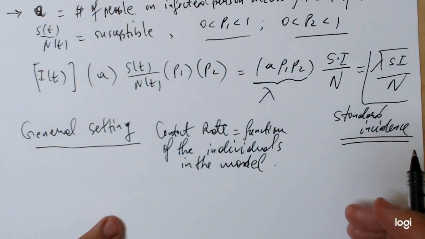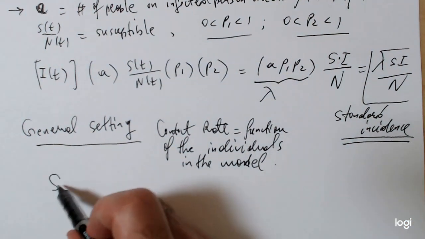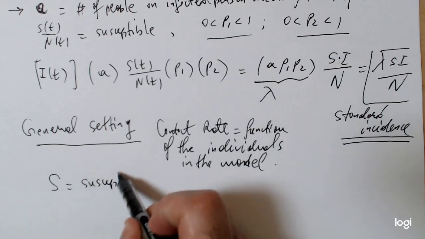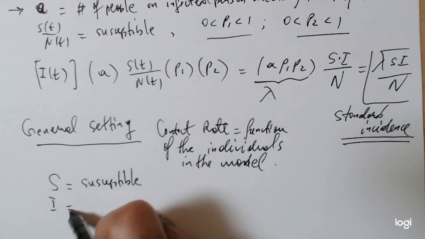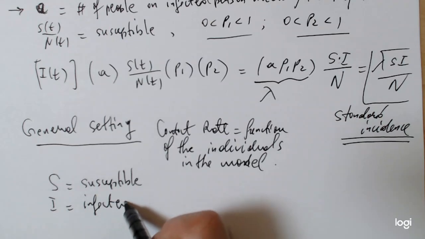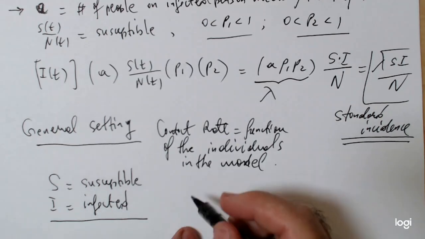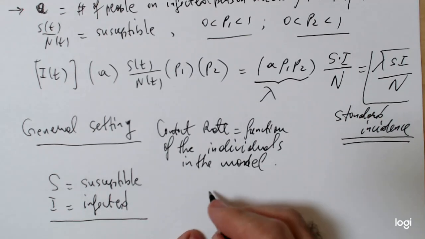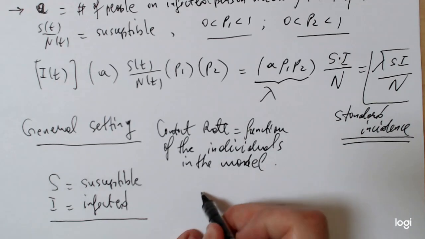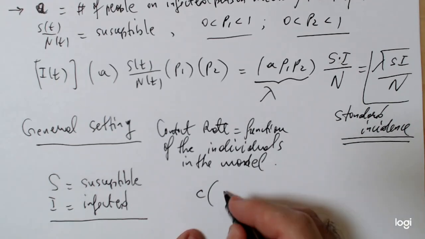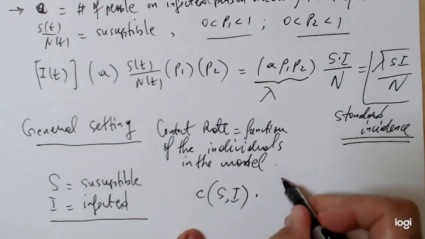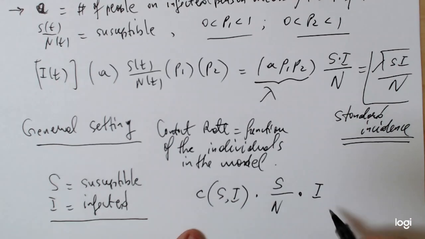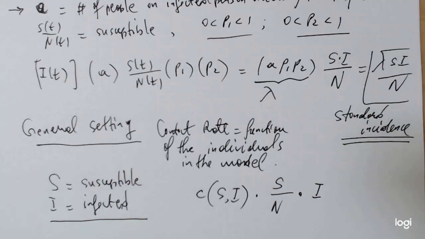So for example, in a more general setting, suppose you have susceptible and infected. You could think about the contact rate as some function C of S and I, multiplied by S over N and I. And then you can make assumptions about this contact rate. Once again, I have I infected people.